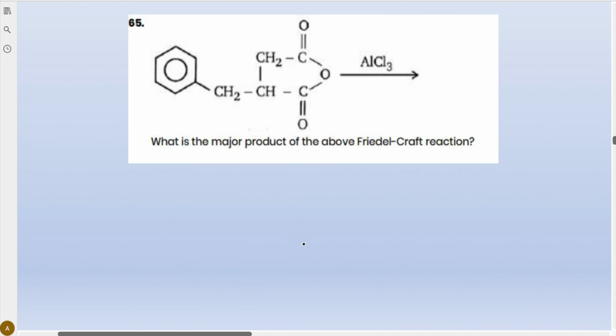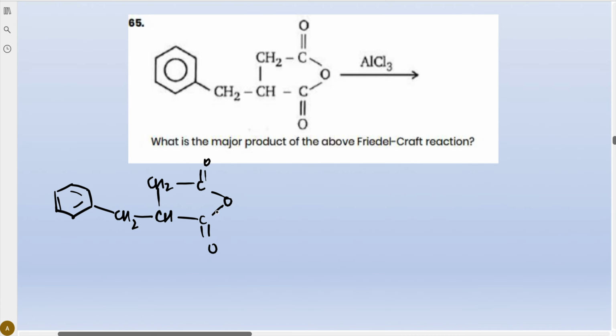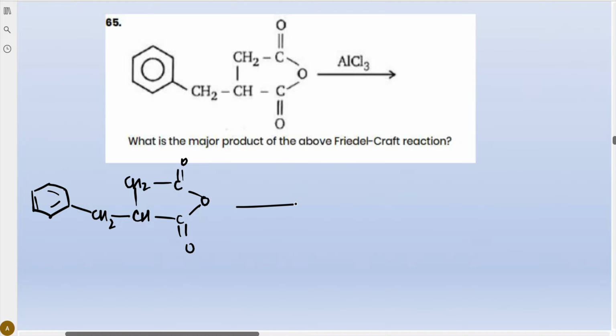See, if you have not done Friedel-Crafts reactions, try to write the Friedel-Crafts reaction by yourself. This mechanism is of utmost importance for you. Try to see this mechanism, how we will write it. So let's say AlCl3 we are giving as Lewis acid.